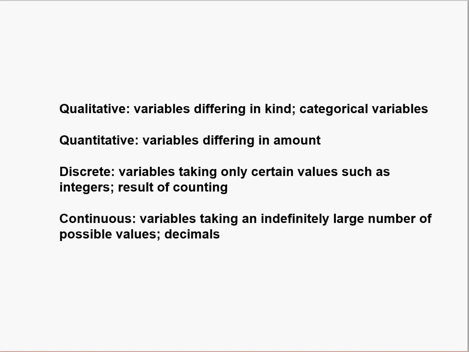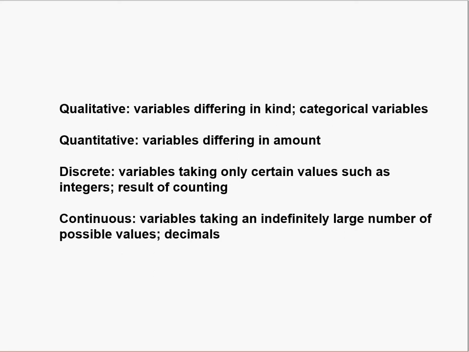And under quantitative variables, there's a difference between discrete variables and continuous variables. A discrete variable is a variable that can only take certain values, such as integers. You look at the number of people, it always comes in whole numbers. You don't have half a person.